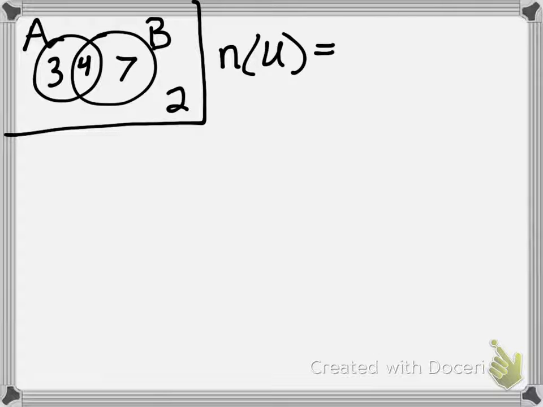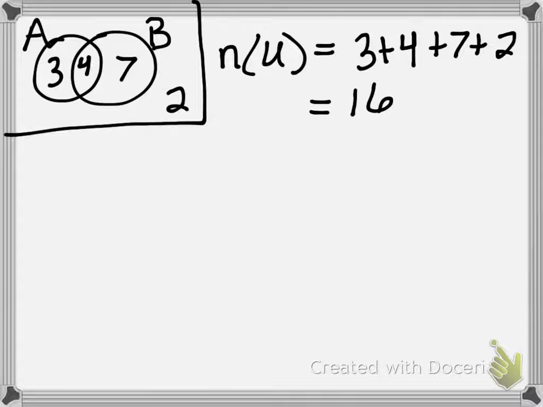This is how many people. So in a universal set, you just add up all the numbers you see one time, which is actually 16. So for this Venn diagram, this survey, we asked 16 people, or had 16 points of data that we put in this diagram. And this is what's going to help us for the rest of the time.